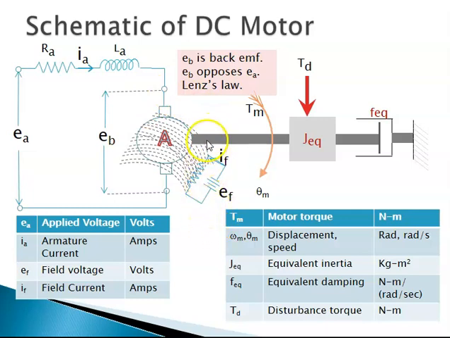The third is the load section, how Tm moves this J equivalent and F equivalent, and the fourth segment is the back EMF. So there are 4 parts: one is the armature circuit, 2 is the motor action, 3 is the load section, and 4 is the back EMF. We'll carefully consider each section and write equations for them.